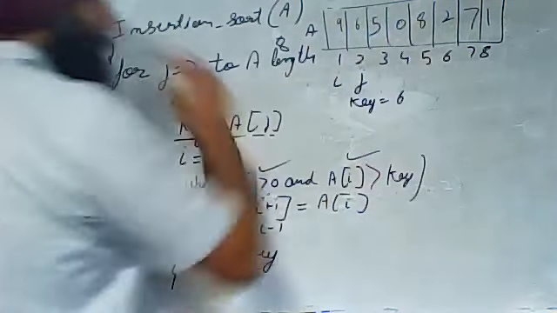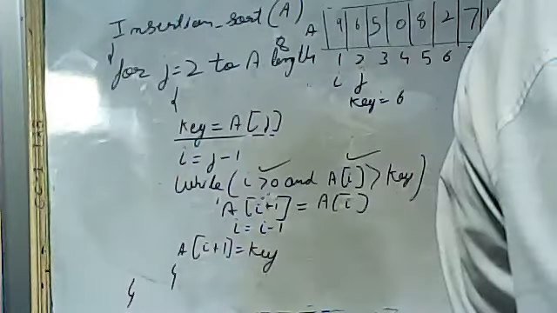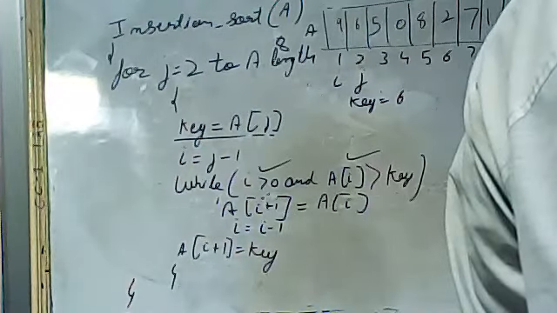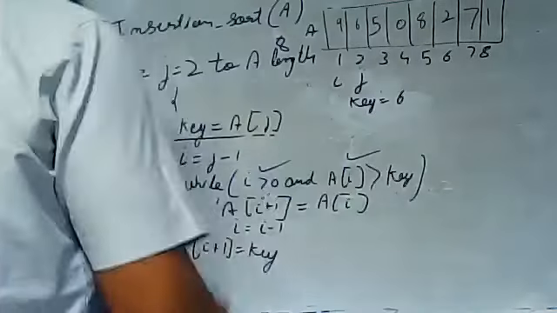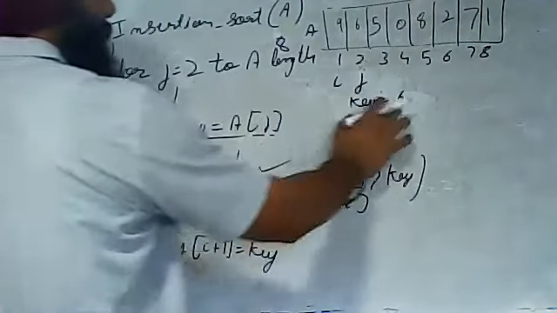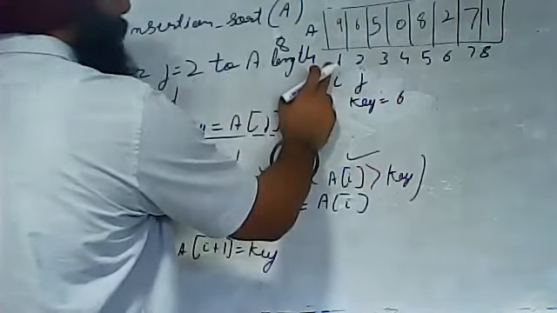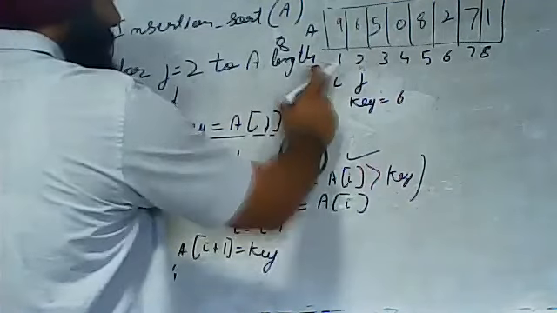As we have seen, in the first step, value of key is 6. Now I is greater than 0. We can see value of I is 1 and it is greater than 0.